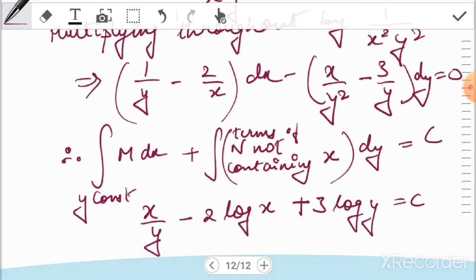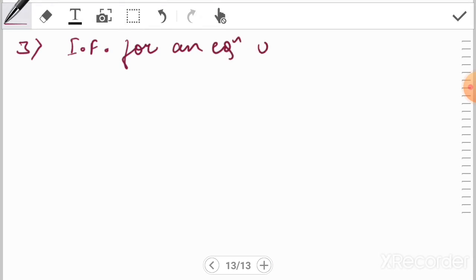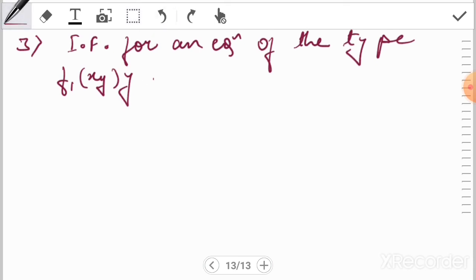Okay, then third is the integrating factor for an equation of the type f1(xy) times y dx plus f2(xy) times x dy is equal to 0.